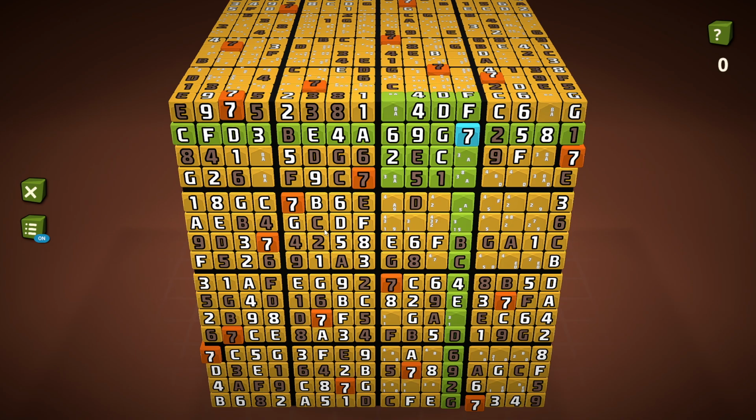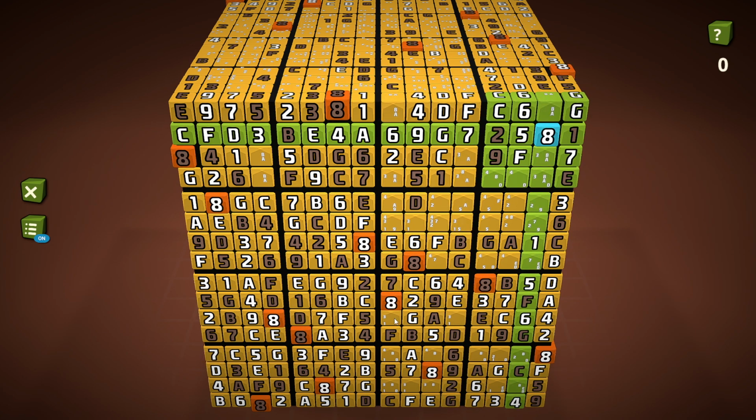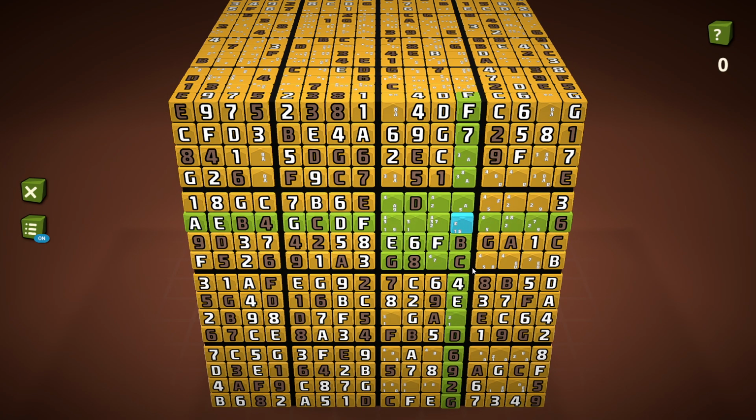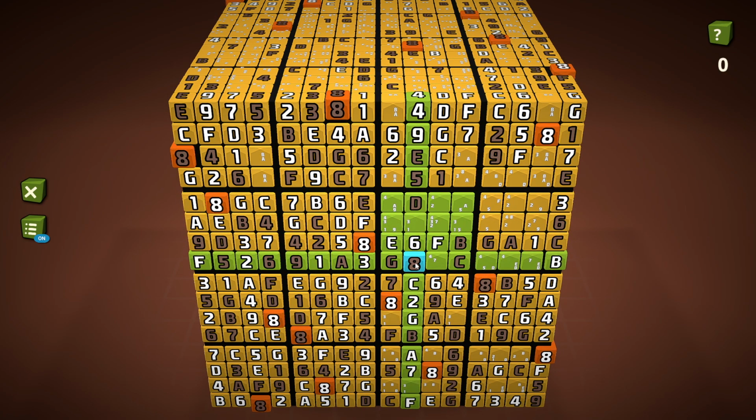Actually, you know what? Since you're in that one, 8, there's only one spot for an 8 in that column. Oh, in this column? Oh, yeah. It's weird that it wasn't there. What do you mean it's weird that it wasn't there? It's right there. Oh, this space right here? No, not that. Up to specific spaces in the column.